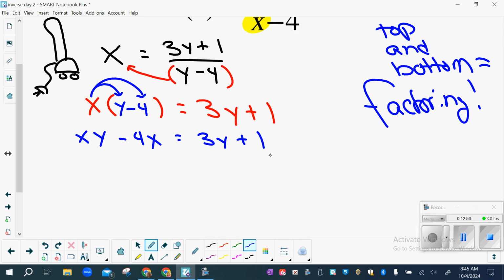So I'm moving that 3y one place, I'm moving that 4x to another. Can you do that? Are you with me? I'm trying to get all my y's together, because remember, I'm trying to get y alone. So let's get all those y's toward the door and all the non-y's on the other side. Can you do that? Beautiful.